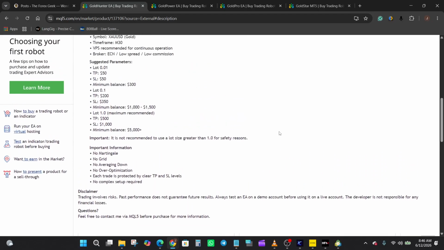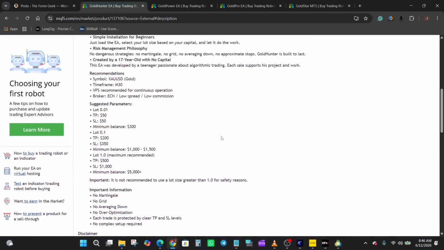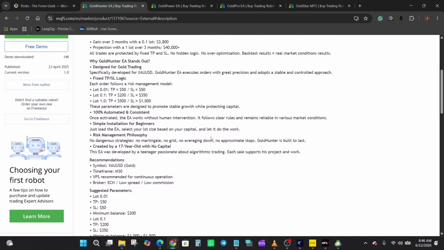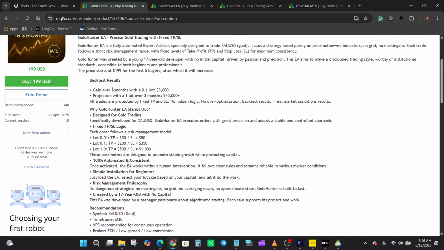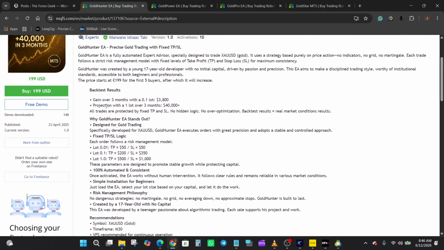Okay, let's just look at this information that was written here as well. So here we are seeing 3 months data resulted in $3,800 gain. Projection with a 1 lot over 3 months is $40,000, but with 0.1 lot it was about $3,800.